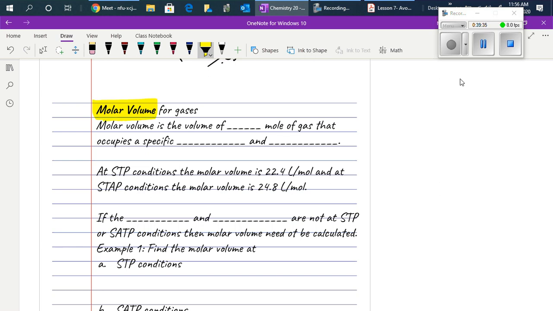The molar volume of a gas is the volume that 1 mole of any gas occupies at a specific pressure and temperature.